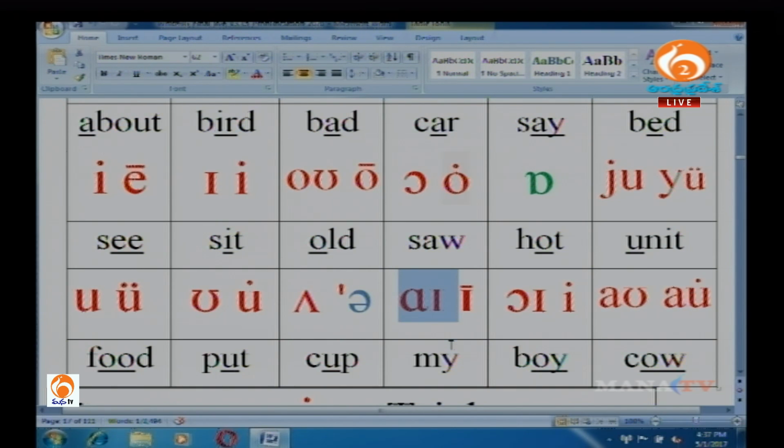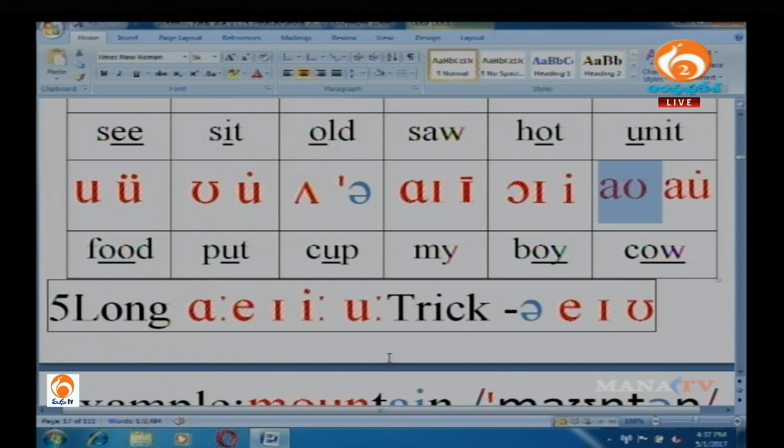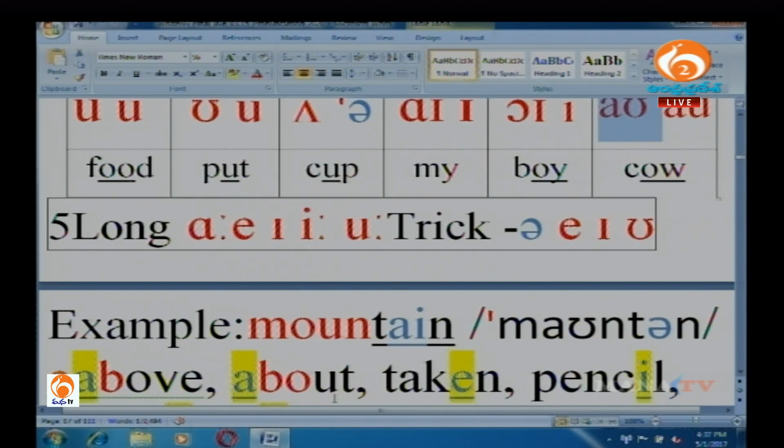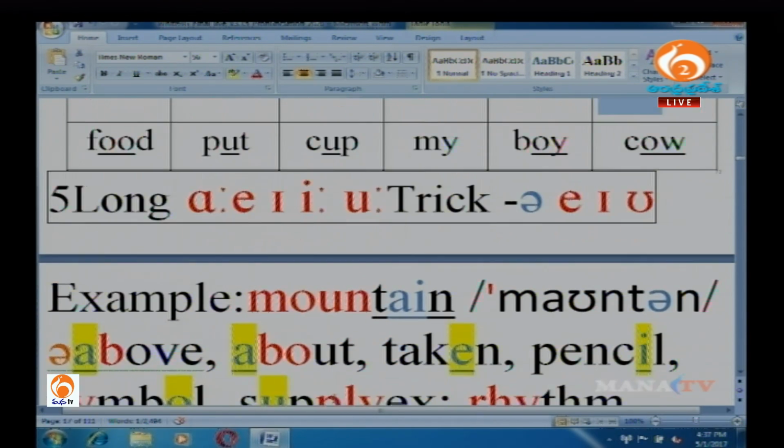This one I, diphthong. I. My. This one boy, oil, coil. This one ow, now, how, cow. So these are generally the vowels. There may be some triphthongs like fire, hire, etc. But you basically got the idea.